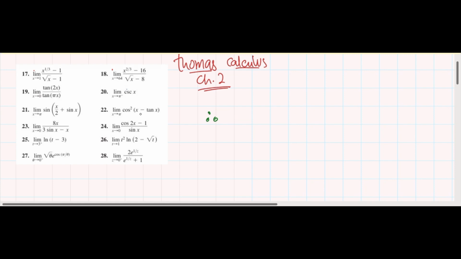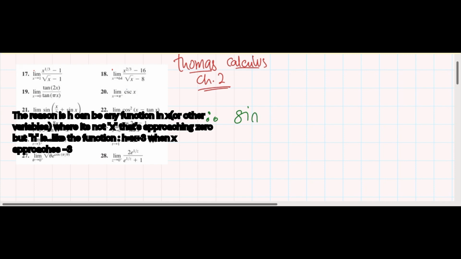But normally in limits, the only thing that you find really handy is the formula sine x upon x. Actually, I'm not gonna write x, I'm gonna write sine h upon h, where h approaches zero, is equal to 1, right?